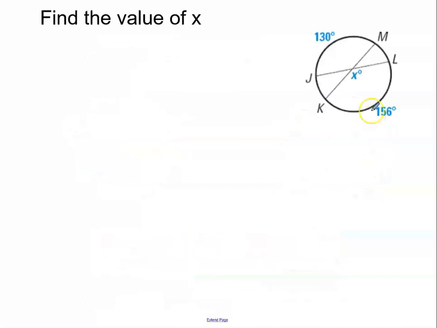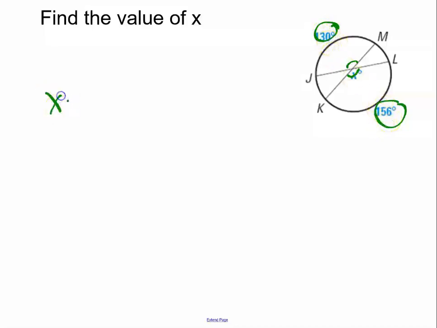So here we have an angle. The angle is inside the circle. Again, it's not a central angle because the vertex is not on the center, but the angle is inside the circle. So that means that this angle and this angle are the same, and they're going to be the average of this arc and this arc.